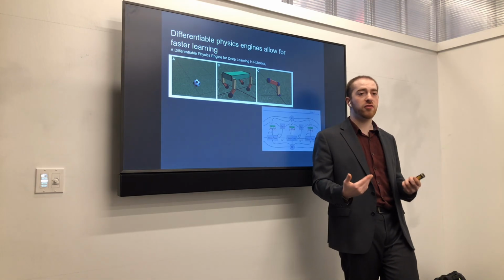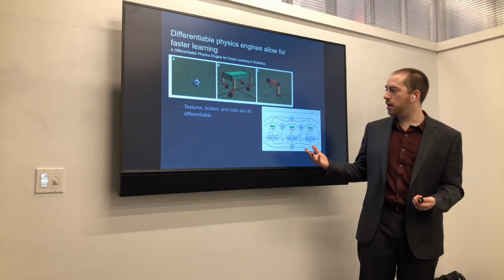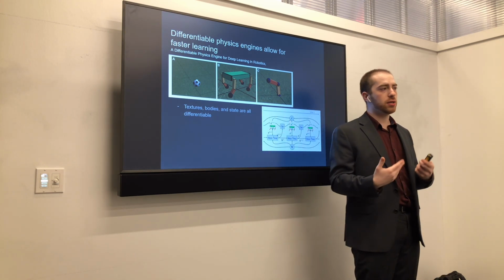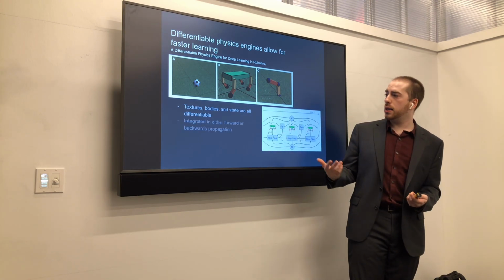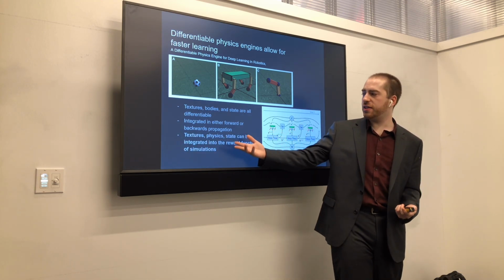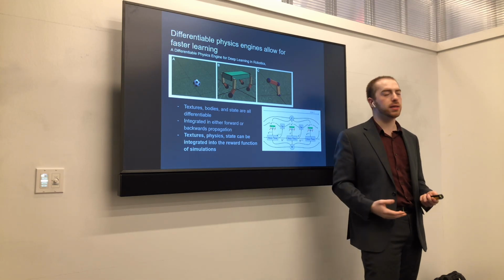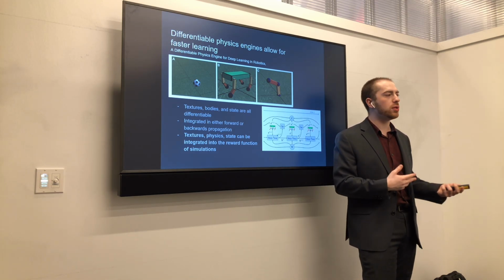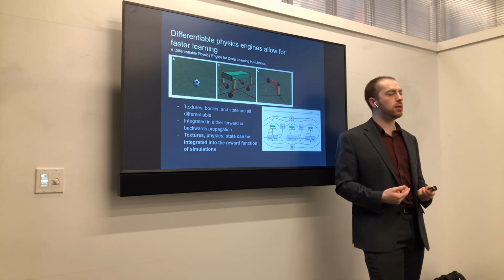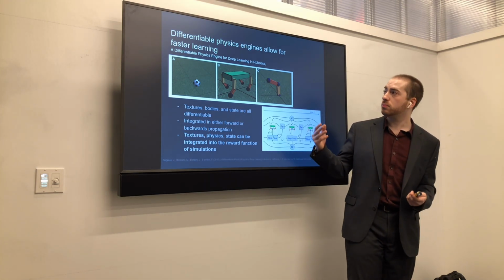This means that we can perform fewer steps in our learning algorithm to train robotic agents. And it's just the physics state and textures can be integrated into either the reward function or actually the convolutional neural network for our learning algorithms.